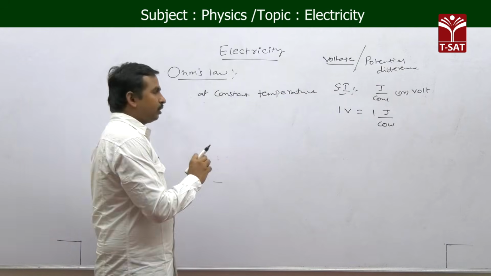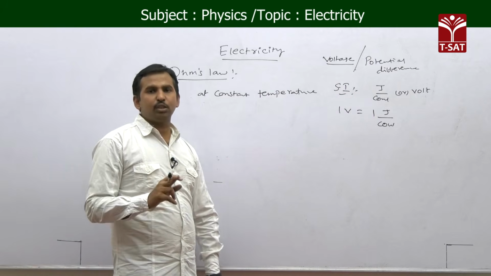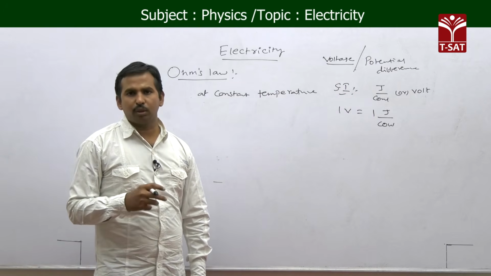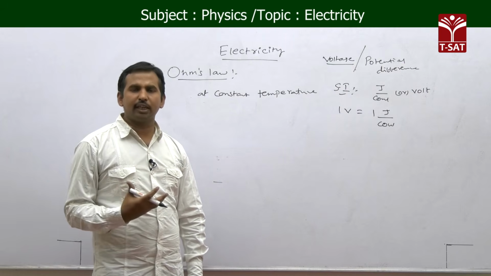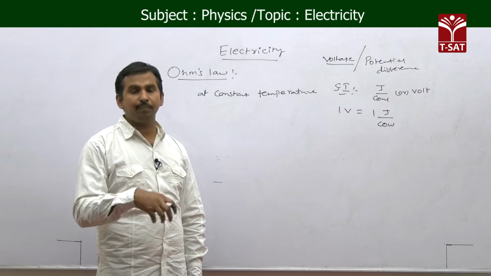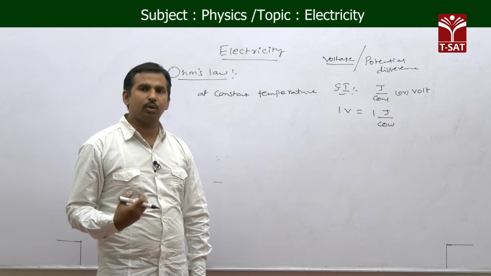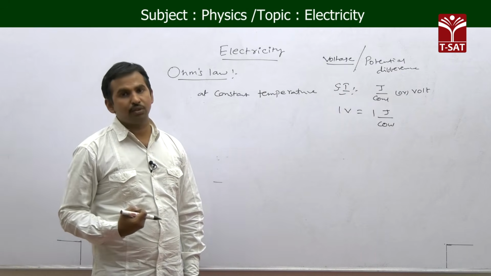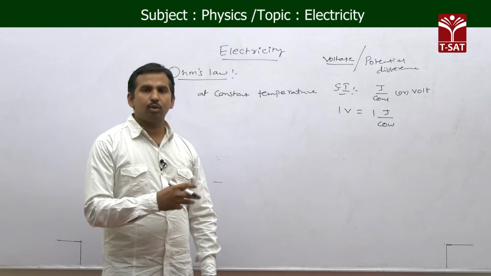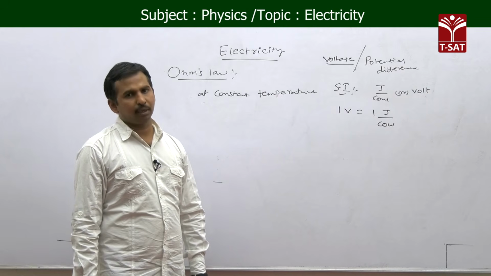The temperature should remain the same. If the temperature is more, then the random motion of the electrons is also more. If the electrons are going in different directions with more speeds, it is very difficult for the battery to keep them going in one particular direction, which means resistance is increasing. That's why to apply Ohm's law, we have to consider constant temperature.